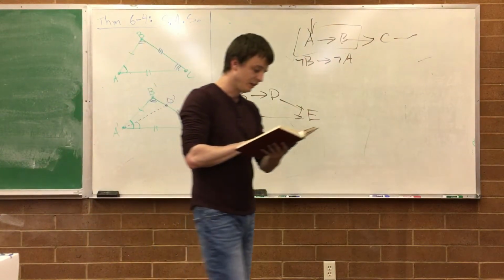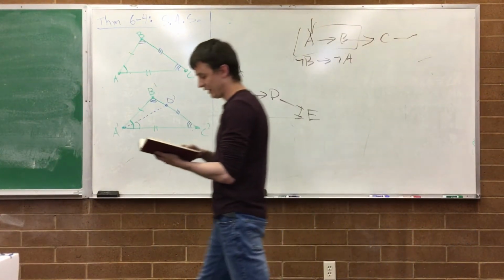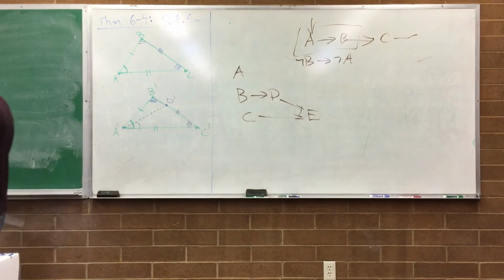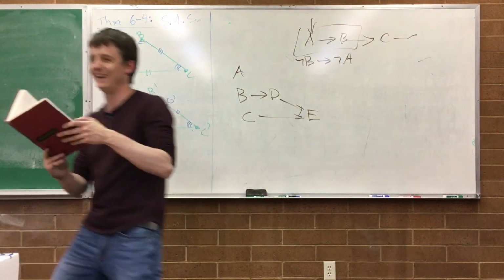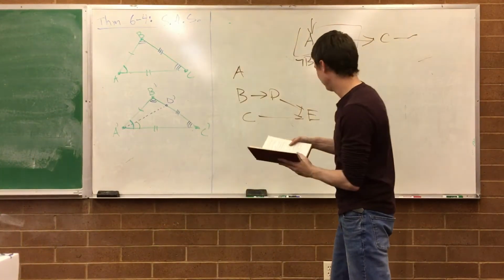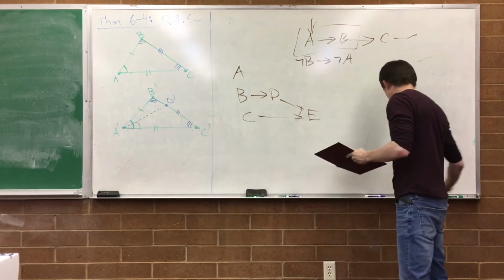4. If B is between A and C, and E is between D and F, and AC is congruent to DF, and AB is greater than DE, then BC is greater than EF. So confusing. So let's draw a picture.